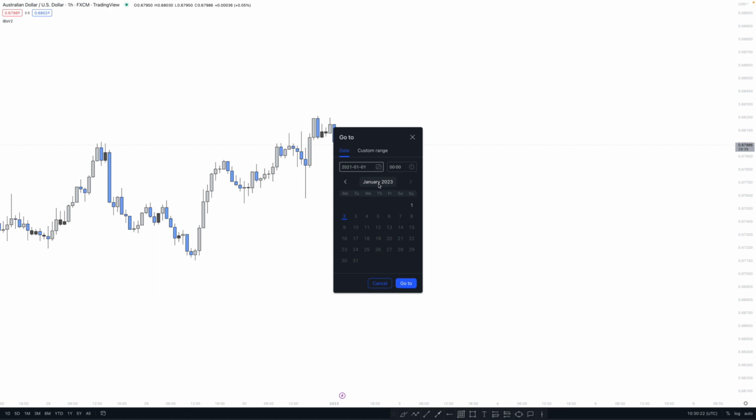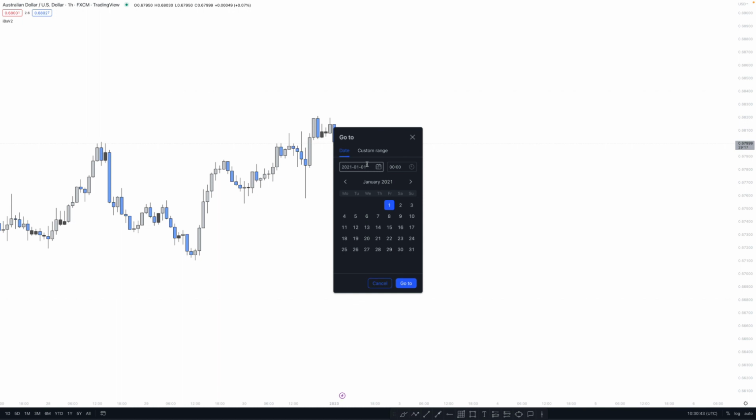So right now it is January 2023. You can go back, and basically you can do this as well. So you want to backtest 2020 or 2021, you're gonna go to date, whatever. So you can play with it, and you can really choose which date you want to jump to.